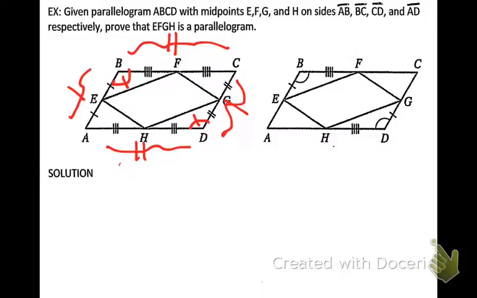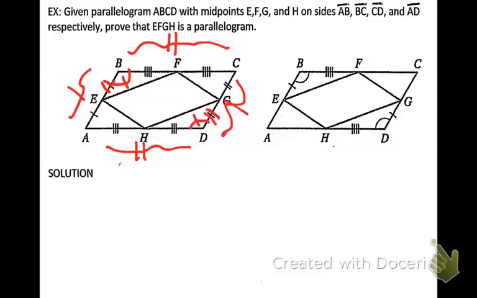Then we have EB is congruent to 1/2 of AB, and DG is equal to 1/2 of CD. So now we have EB is congruent to DG. So let's give EB and DG 2 marks.